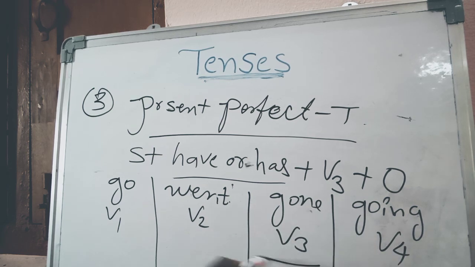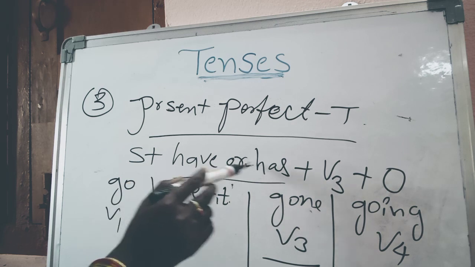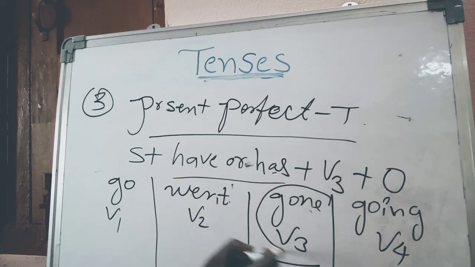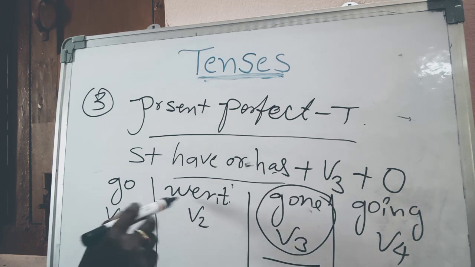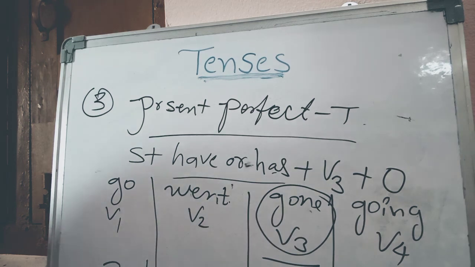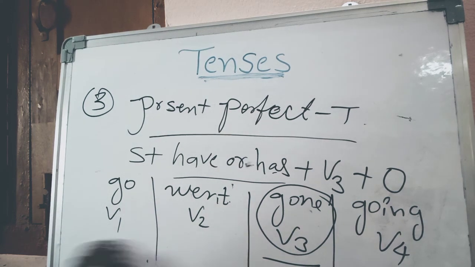We have to use V3 in this structure: subject plus have or has plus V3 plus object. I have gone. When we use I, you, we, they, we have to use have. According to these verbs, we are using V3 here.